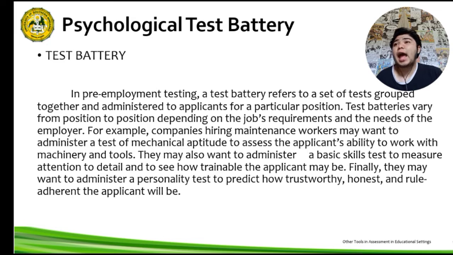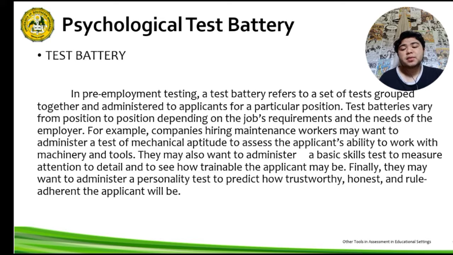Would the MMPI be a good test for that, or the Wechsler, is that a good test to administer for the employee? If you can find what you want to test, then you pile them up and you administer them simultaneously to your employee. That is what we call a battery of tests or series of tests or test battery.